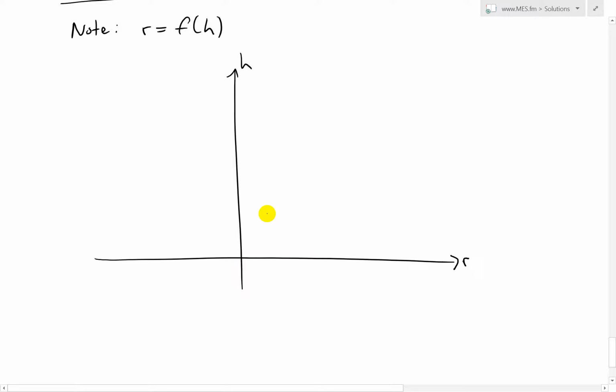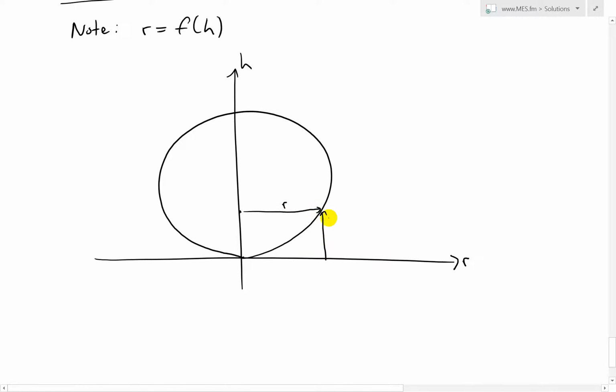Let's say here's our sphere. We draw the sphere like that, just pretend it's perfectly circular. At any random height here we have a radius r, and this is the height h.